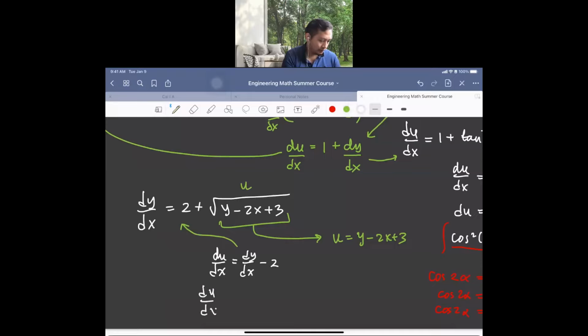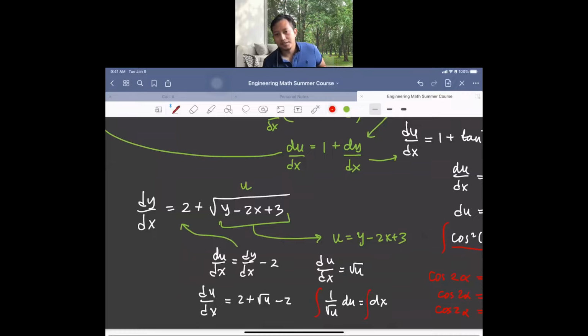Then du/dx is just 2 plus square root of (u) minus 2, or simply write du/dx is square root of u. And then just do the separable and integrate both sides. Okay, so that's the key.